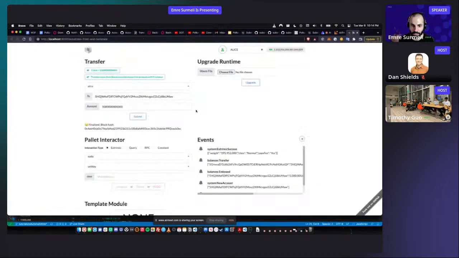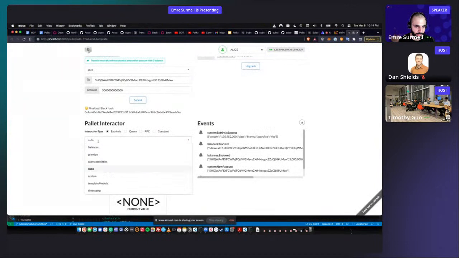So, for example, what can we do here? We can actually do something that one of the NFT platforms does. There's an NFT platform right now on Kusama called Remark, and it uses this very cool functionality of Substrate to create NFTs.